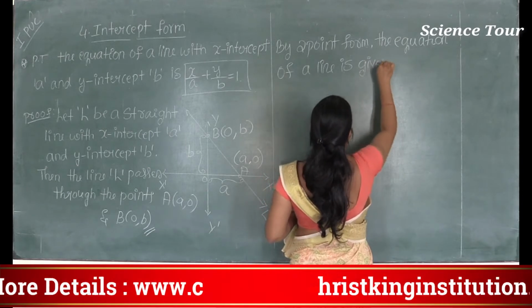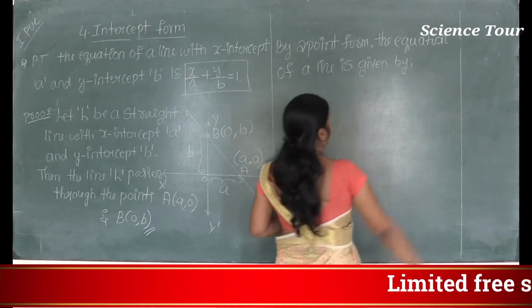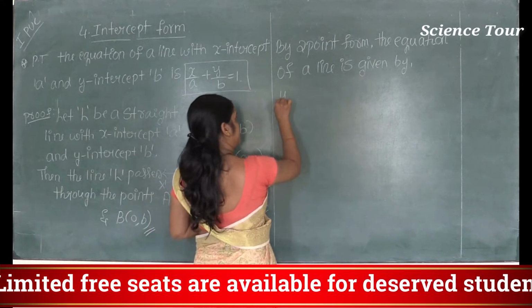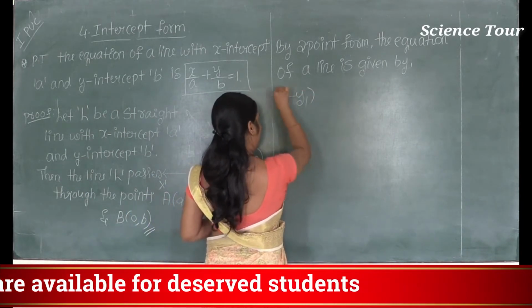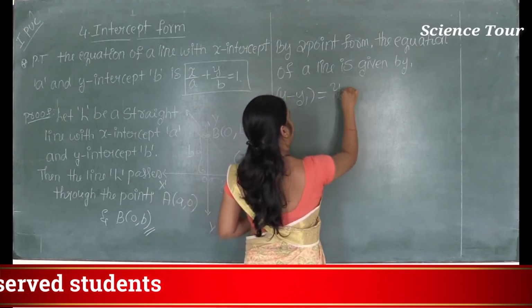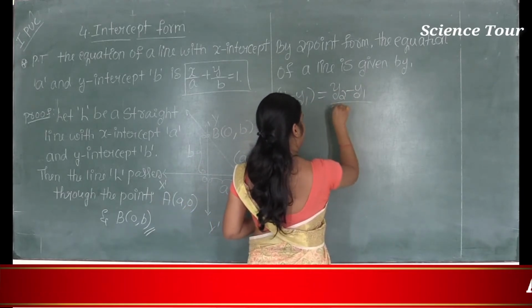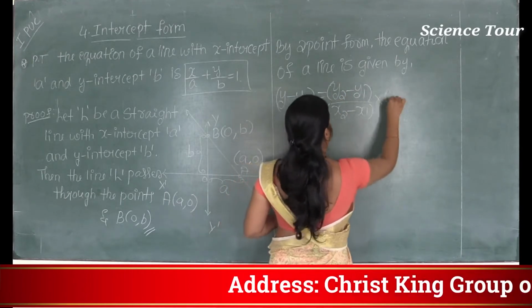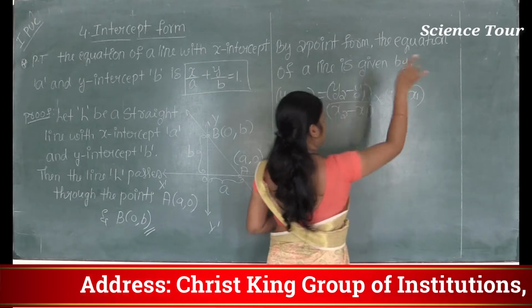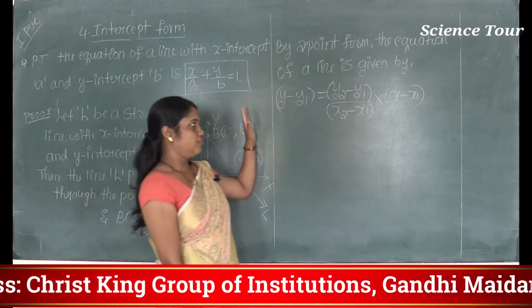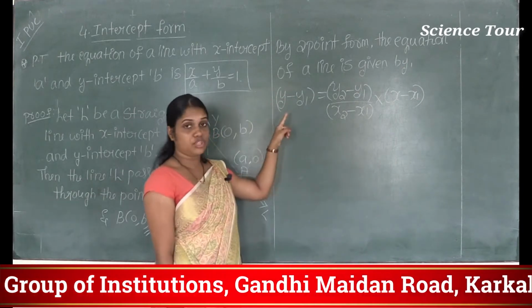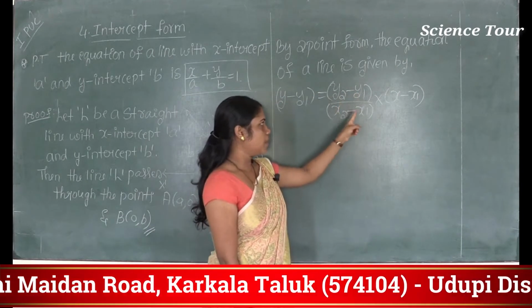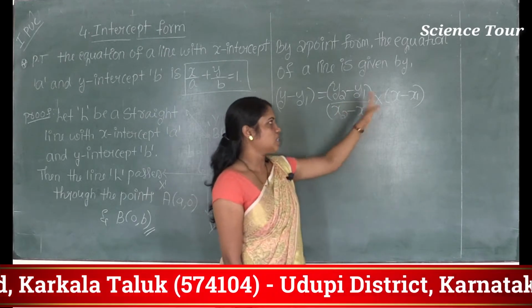The equation of a line is given by, if we have 2 points, then which formula will you use? y minus y1 is equal to (y2 minus y1) by (x2 minus x1) into (x minus x1). Okay, so this is the formula, isn't it?